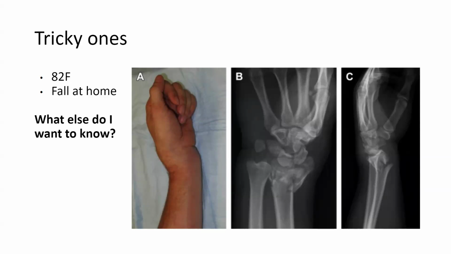So they're neurovascularly intact. Okay. I've put them in a plaster. The pain is better. That's all good. I've checked the capillary refill in the plaster, and their sensation is all fine in the plaster. What else do I want to know?